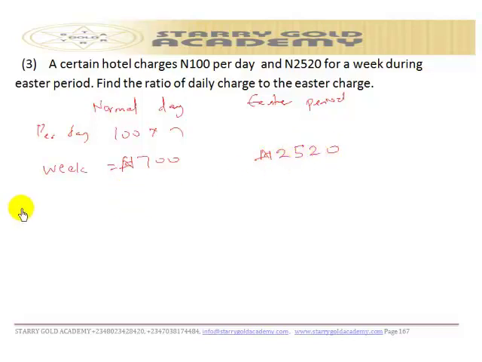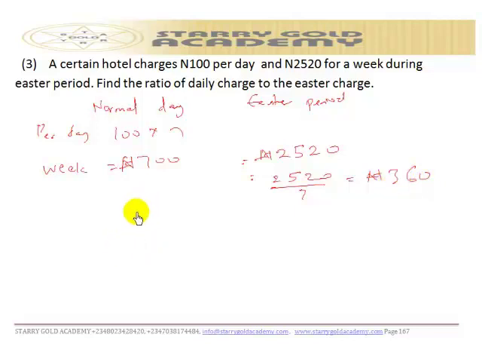Which means that Easter period they charge per day, they charge 2,520 divided by 7, which means that in a day during Easter period you are being charged 360 naira.